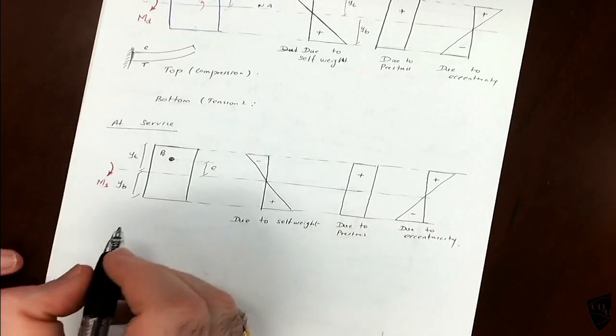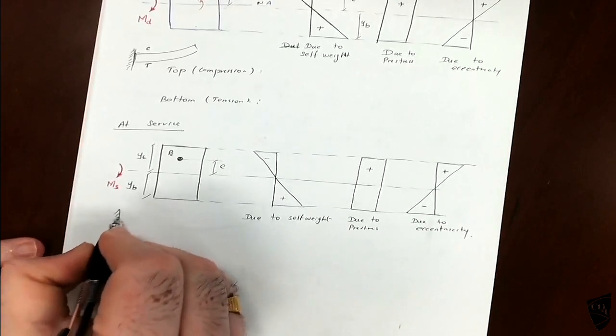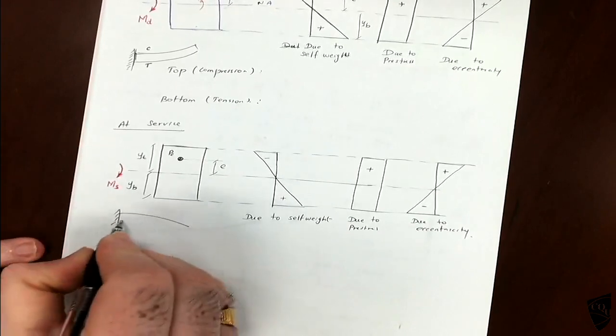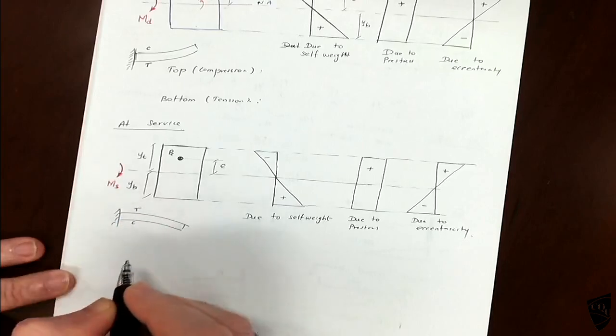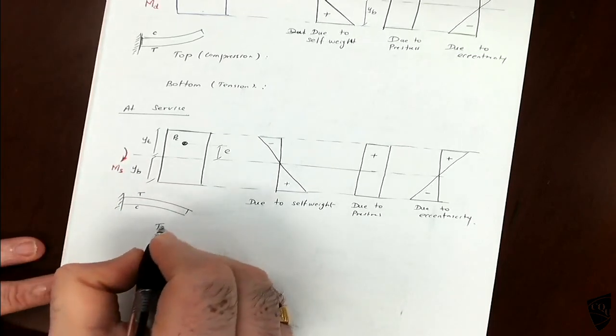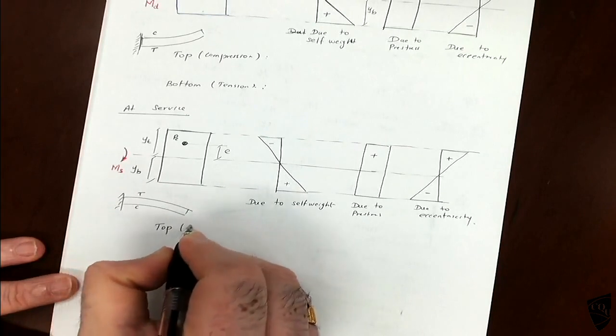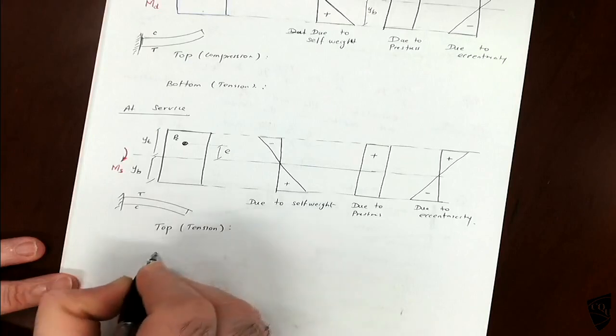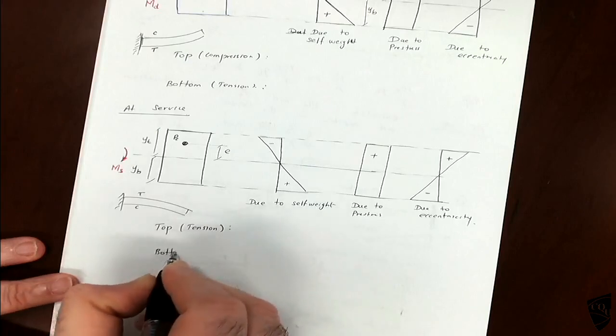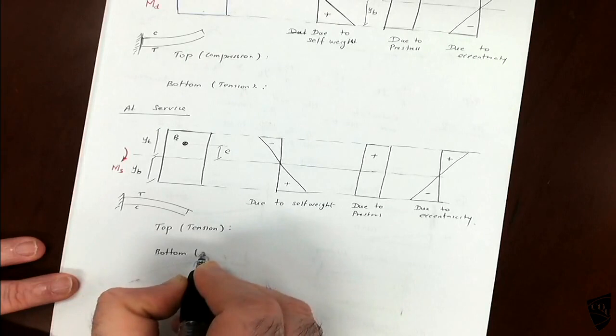So here it will deflect. Top part will be under tension, bottom part will be under compression. So top under tension, bottom under compression.